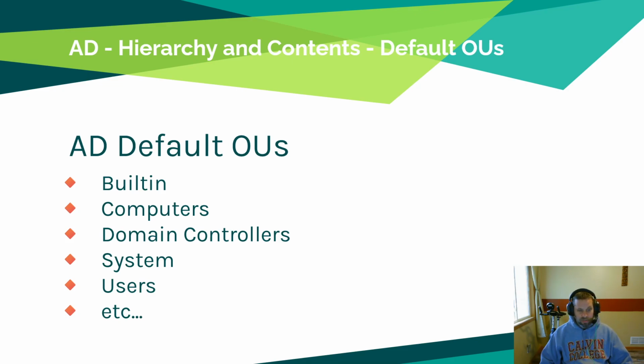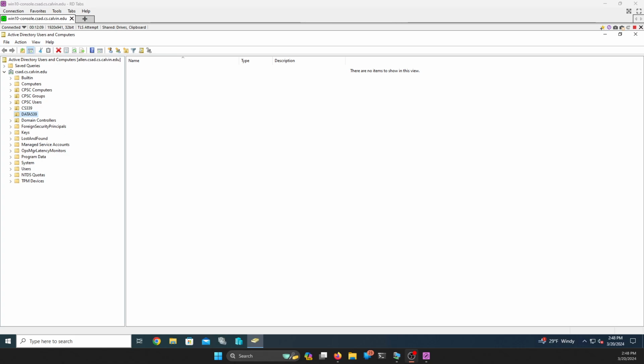And I'm going to just briefly show you an Active Directory system. This is the computer science Active Directory system, and I'll show you some of these default OUs that we have in here as well. So this is a remote connection to one of my management stations that is running my Active Directory domain controller stuff.